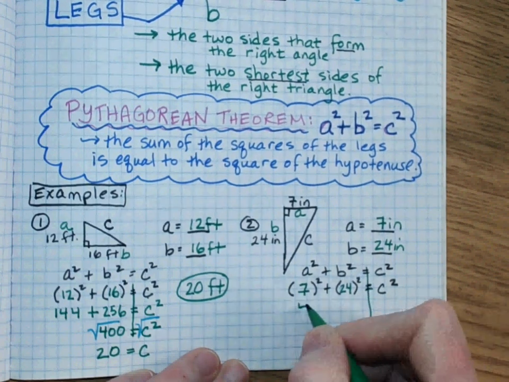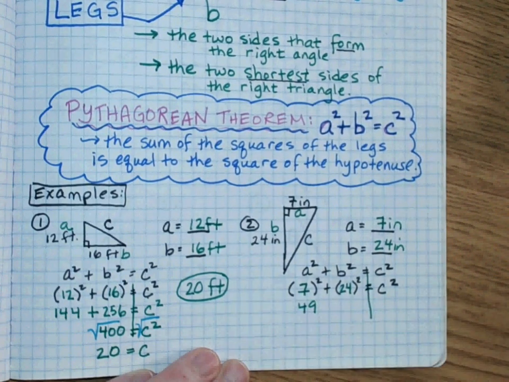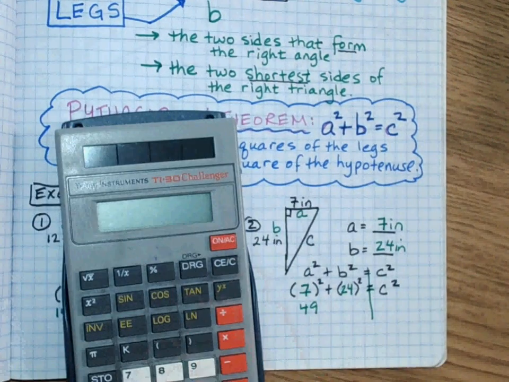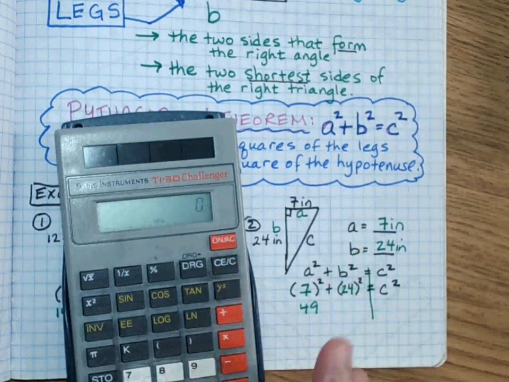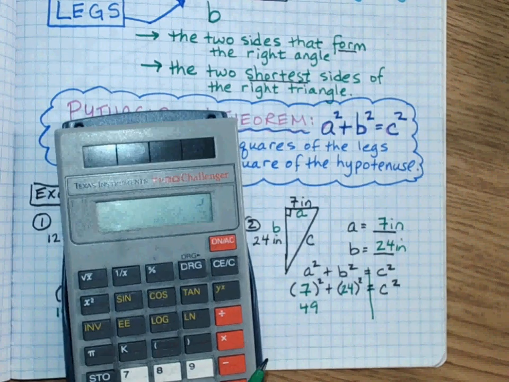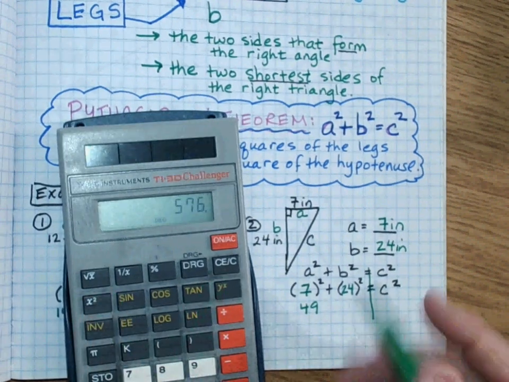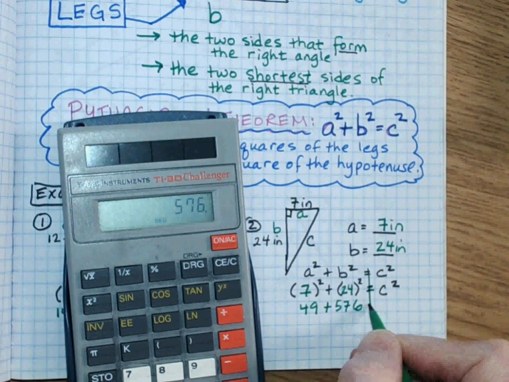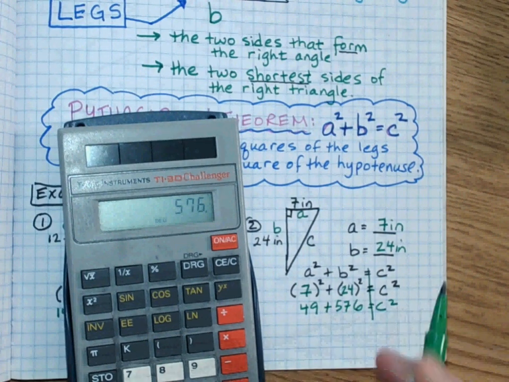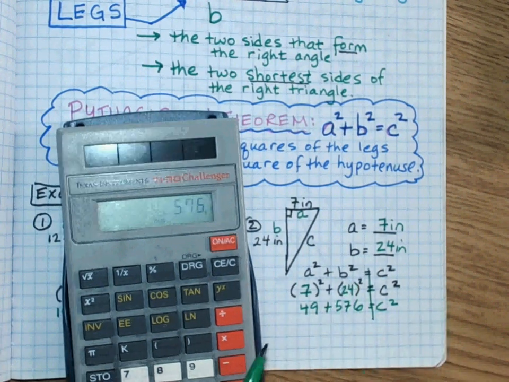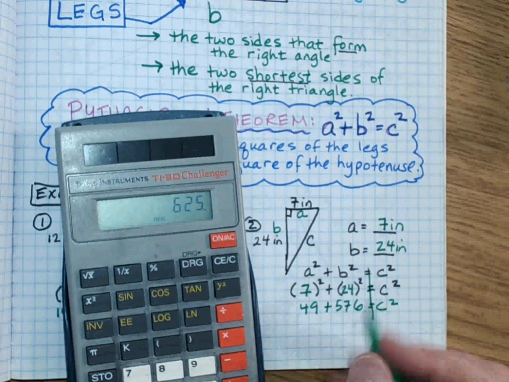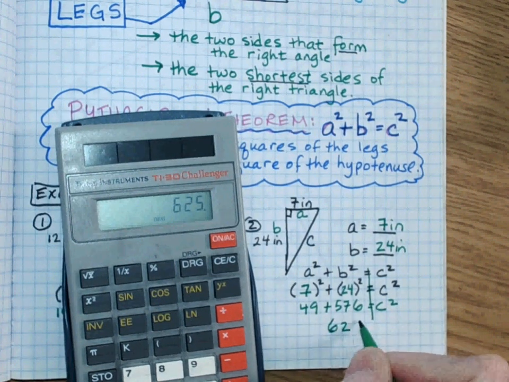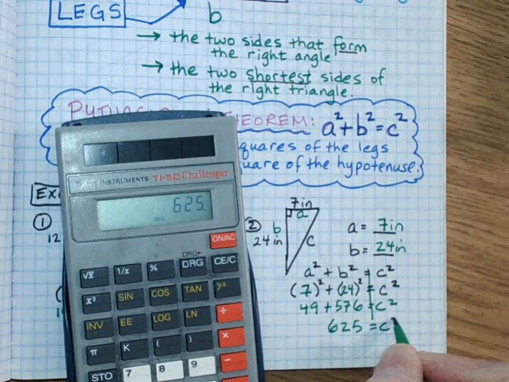7 squared I know is 49. And just a reminder, if you have a calculator, although I have my answers right here, 24 squared is 576. And that equals c squared. If I add those together, I get 625 equals c squared.